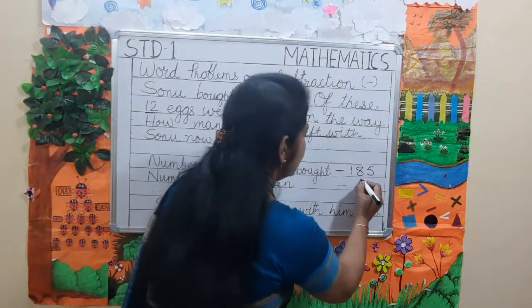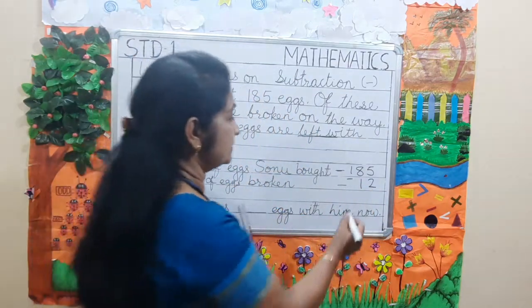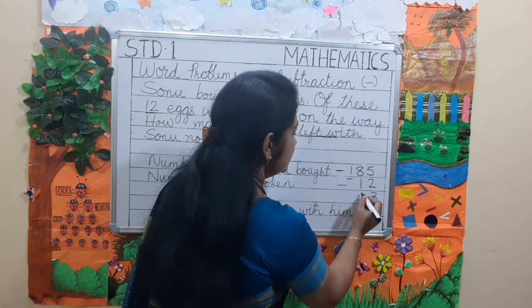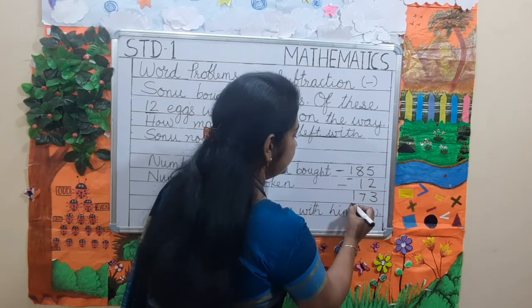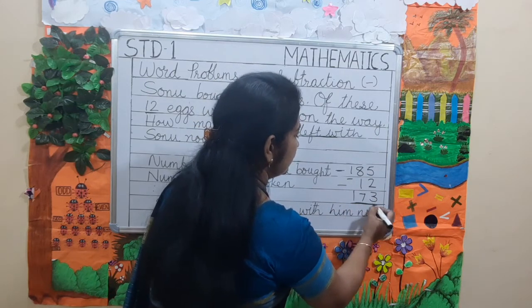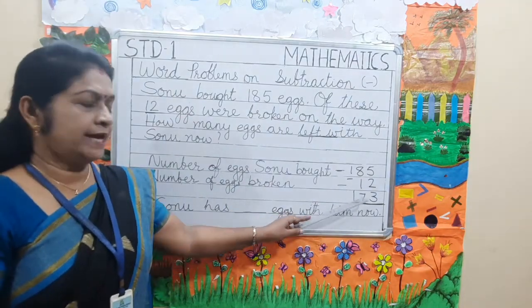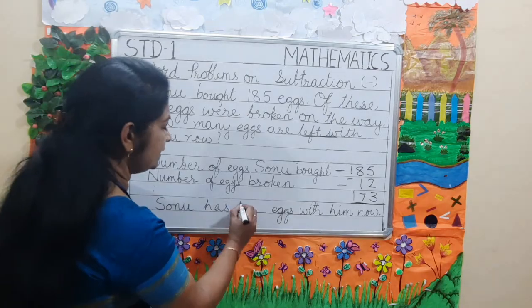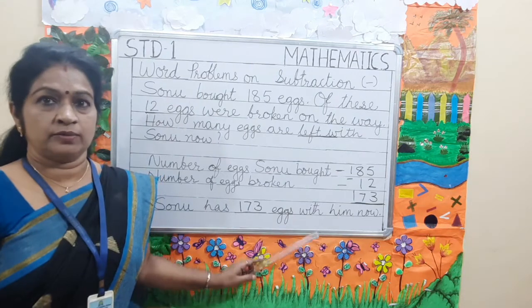So you have to subtract it. 5 minus 2, 3. 8 minus 1, 7. And 1 you will be writing here. So how many eggs are left with him? 173. So Sonu has 173 eggs with him now.